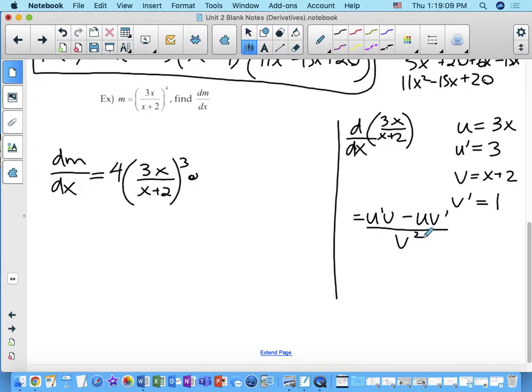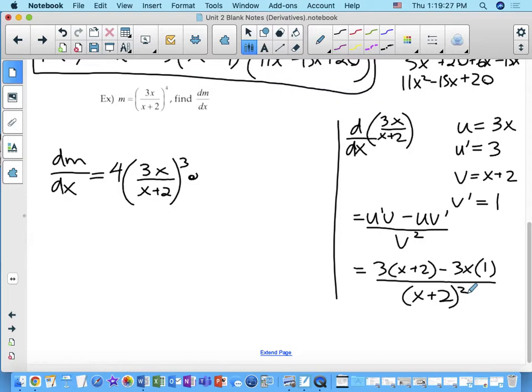Okay, so that is, what is that? 3 times (x plus 2) minus 3x times 1 over (x plus 2) squared.